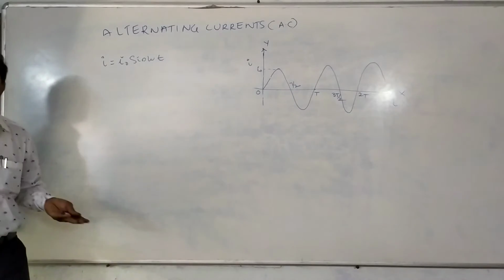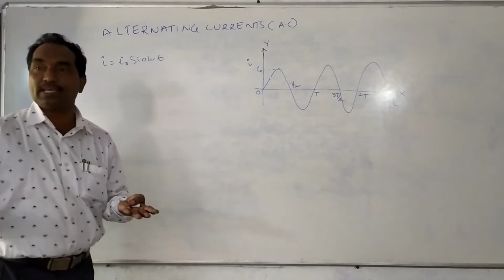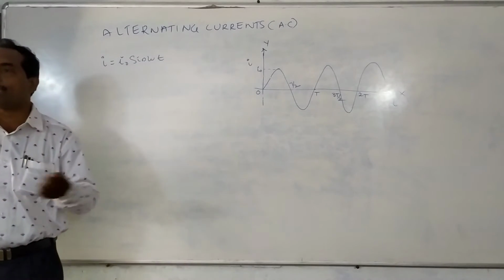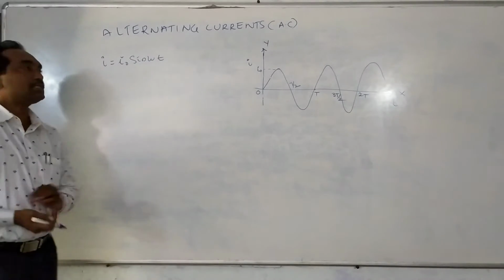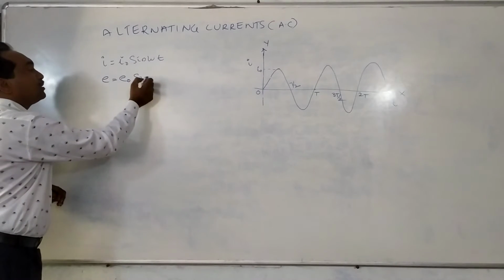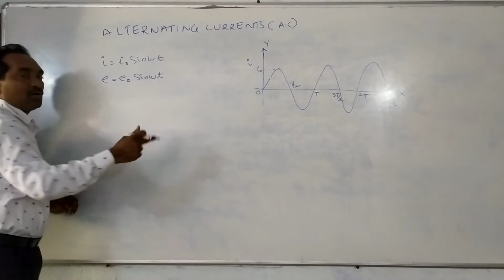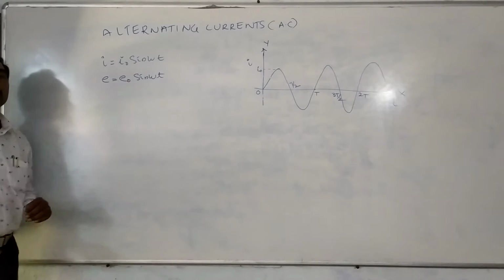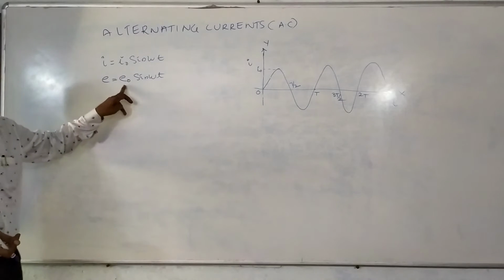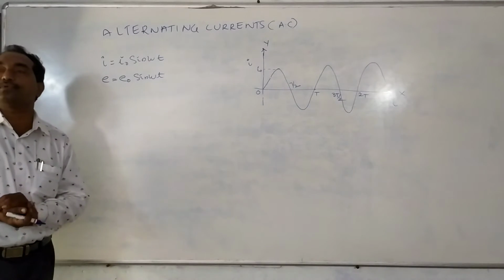If there is alternating current, there is alternating EMF also, alternating electromotive force or alternating voltage, whatever it is. Now this alternating EMF can be written as E is equal to E naught sine omega t, where E naught is the maximum electromotive force.